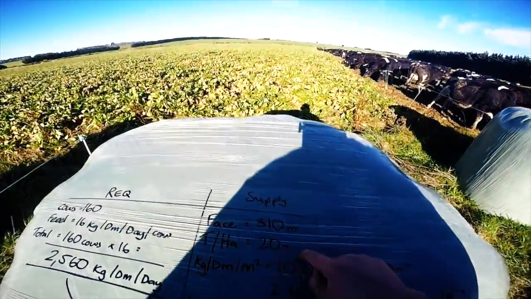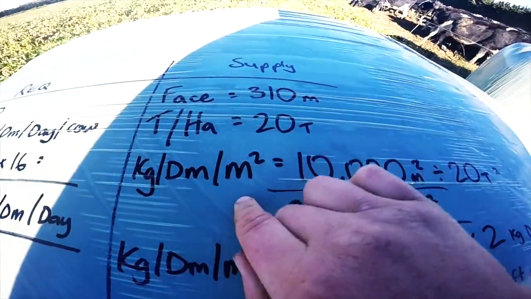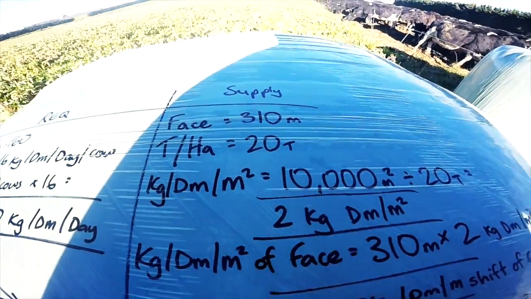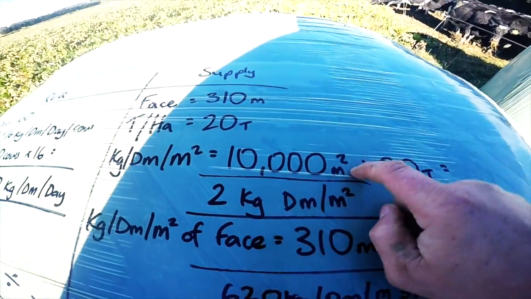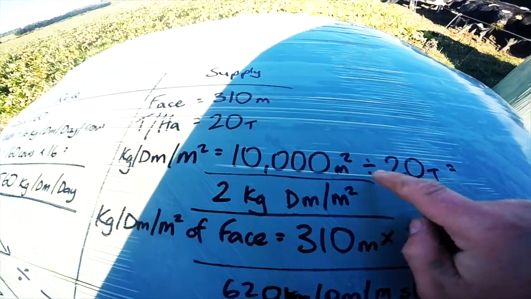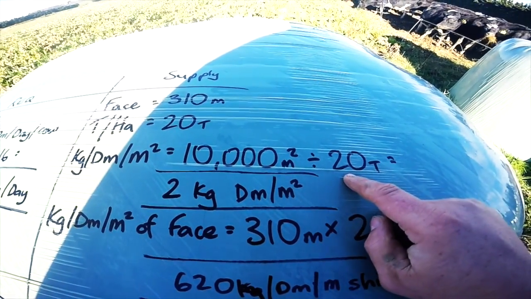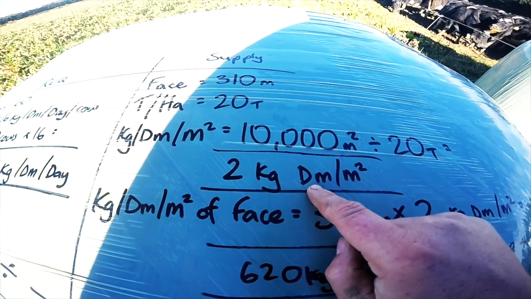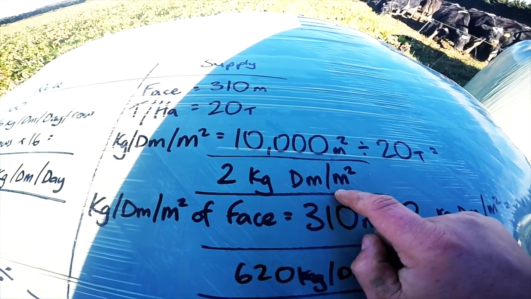Okay, so we've got 20 tonne of fodder beet per hectare. To figure out how many kgs of dry matter per metre square in this paddock, there's 10,000 metres square in a hectare. Divide that by 20 tonne, which is your crop, equals 2 kgs of dry matter per metre square in this paddock of fodder beet.